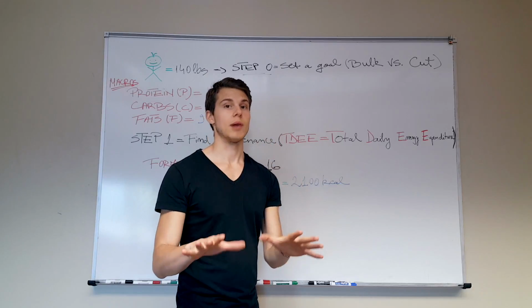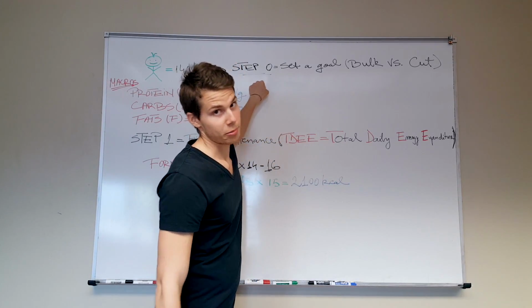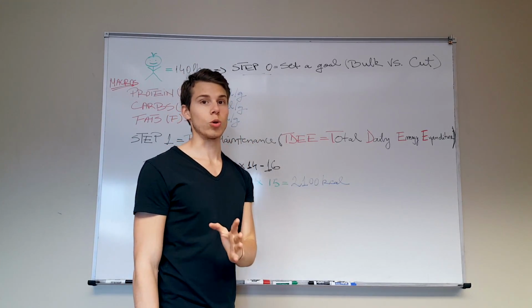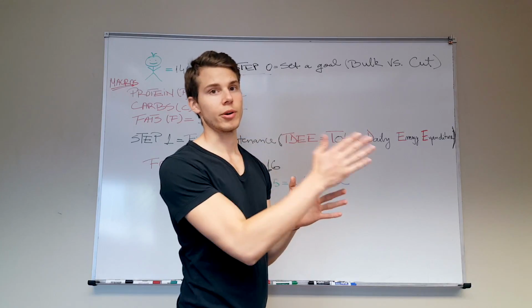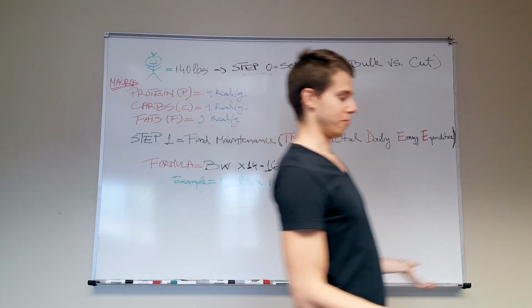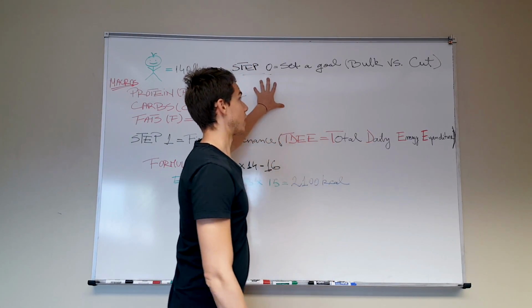But before we jump in, this is step 0, that's why I put it here. Step 0 should be for you to set a goal. Know in which direction you are going, because otherwise you're going to get lost along the way, meaning the first hiccup is going to throw you off balance. So set a goal.